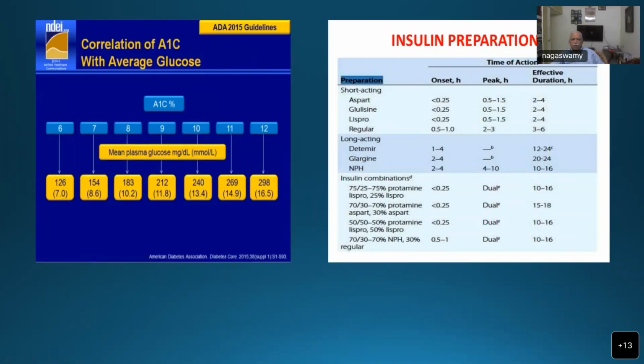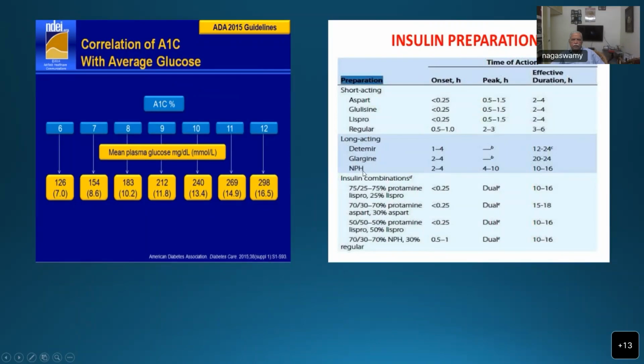And nowadays the combinations, earlier it was NPH insulin and regular insulin combinations that were used. Nowadays you can see there is a combination of insulin analogs like lispro and aspart along with protamine insulin, so that you can have a basal production as well as an immediate bolus available in a quicker acting form.